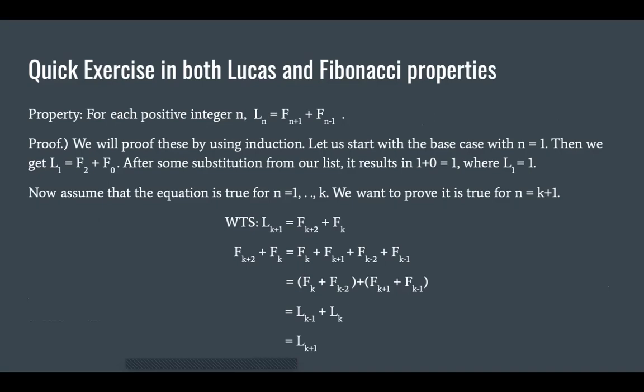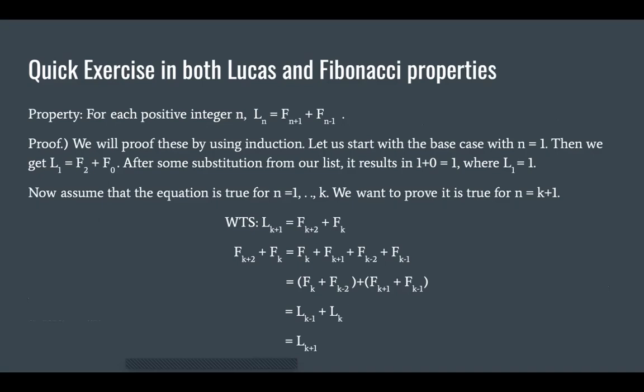We prove this by using induction. We'll start with the base case with n equals 1. Then we get that L sub 1 equals f sub 2 plus f sub 0. After some substitution from our list, f sub 2 plus f sub 0 equals 1 plus 0 equals 1. And L sub 1 also equals 1. So our base case checks out.